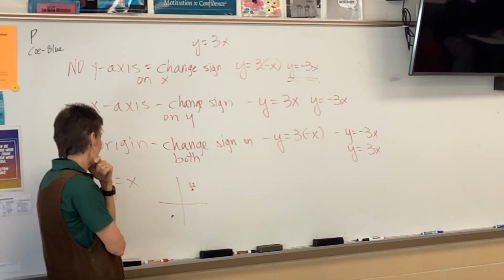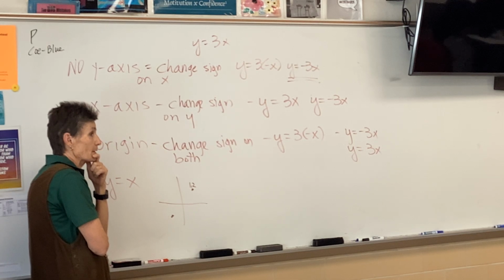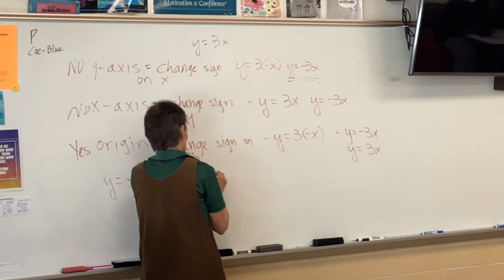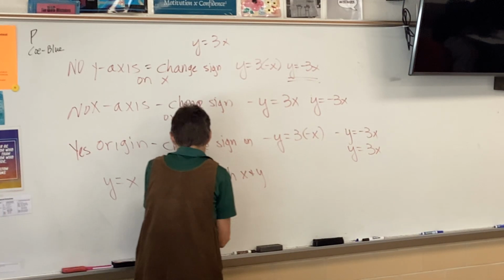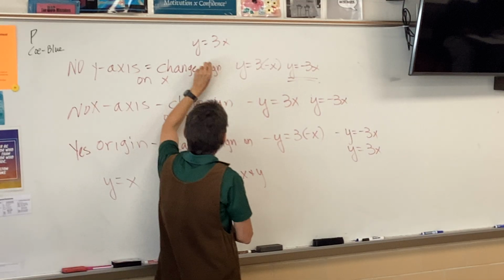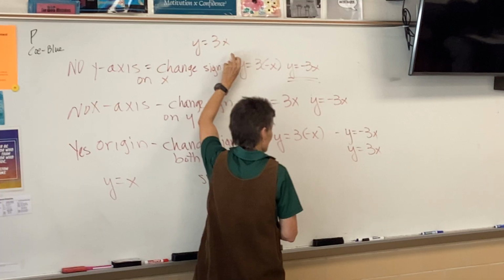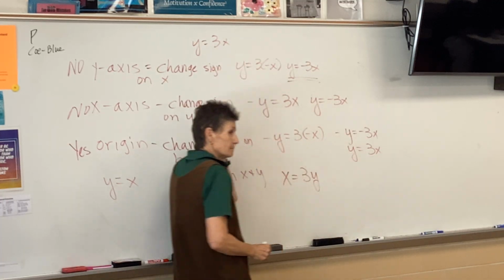Alright? Y equals x. Switch x and y. So in other words, instead of y equals 3x, it's x equals 3y.